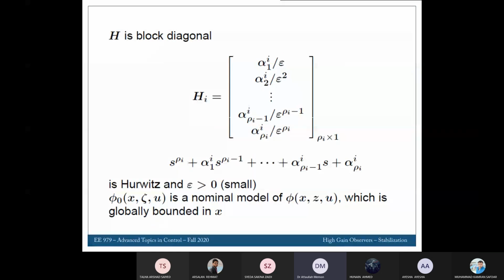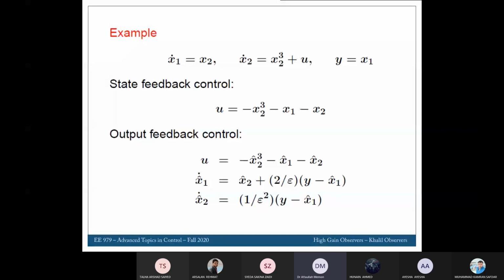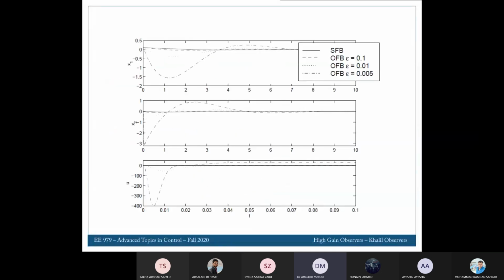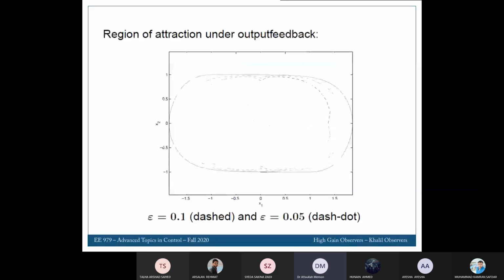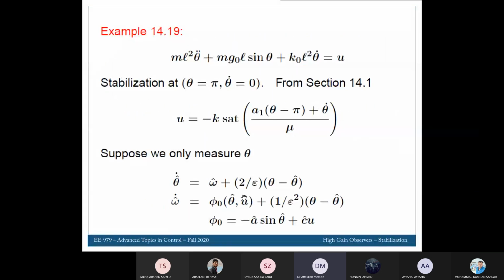In that particular case, which we saw before, we did not use x2 cube over here. In example 14.19, you could use it or not use it. That is up to you, and see what happens. You will find a very negligible difference in the performance.